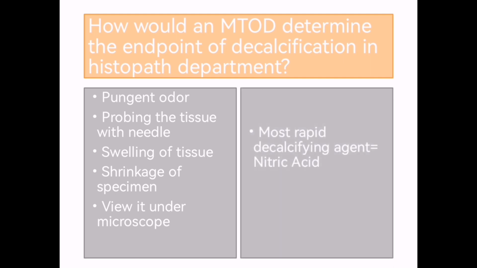So, the answer here is probing the tissue with needle. So, there are other ways to know the endpoint of decalcification such as bubble test with the use of calcium carbonate and also X-ray. Then remember, the most rapid decalcifying agent is nitric acid. The most rapid decalcifying agent is nitric acid.